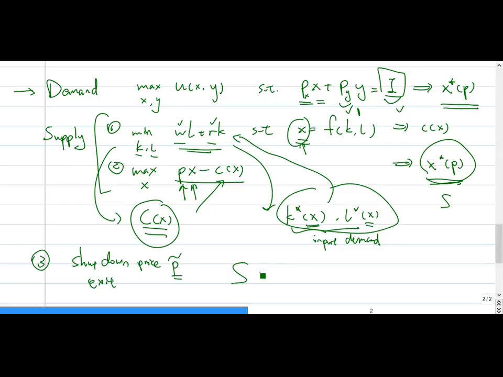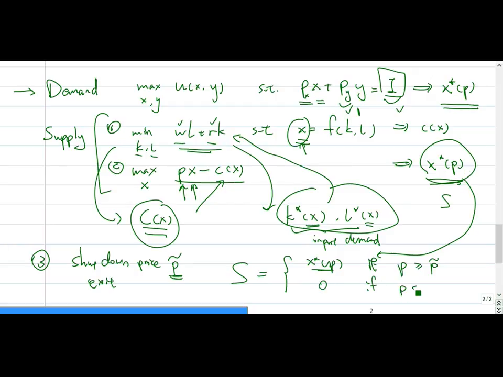So basically our supply is what we had here if the price is not too small. The shutdown or the exit price is a threshold price above which we want to produce. If the price is larger than this, we want to produce optimally, as we found through the profit maximization.